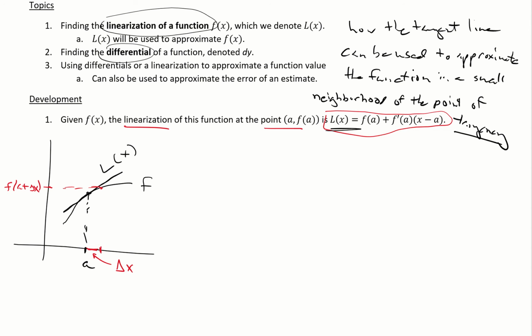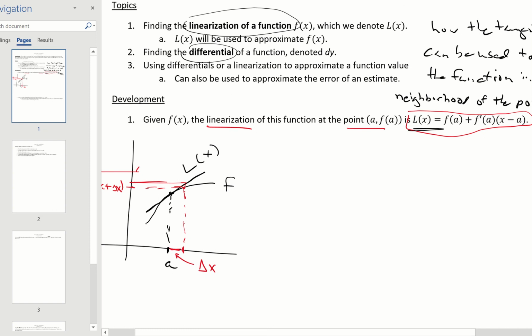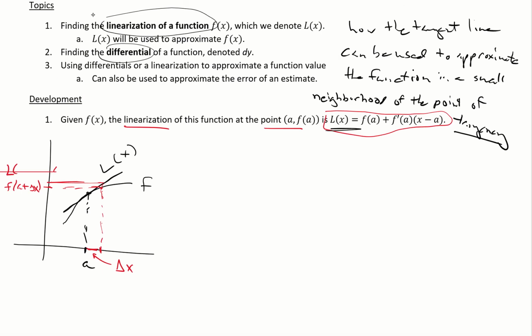You can plug into the function, of course, and figure it out. But if you use the linearization function, which is really just a straight line, we did this since the beginning of the semester, it is the equation of the tangent line. That would be L of a plus delta x.